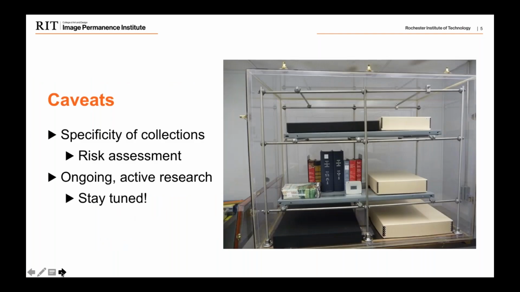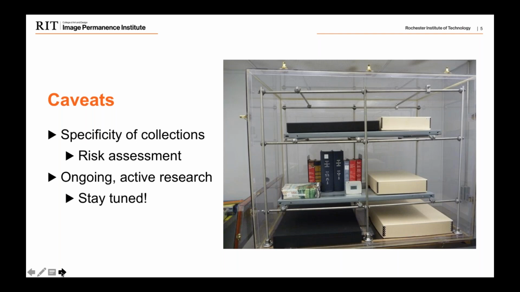Considering the topic, I wanted to start with two caveats. One is that in the course of a 45-minute webinar, we're going to try to give you the broad sweep of our understanding of fluctuations and equilibrations as it stands now. Unfortunately, that means we can't talk about the specifics of every possible collection material.